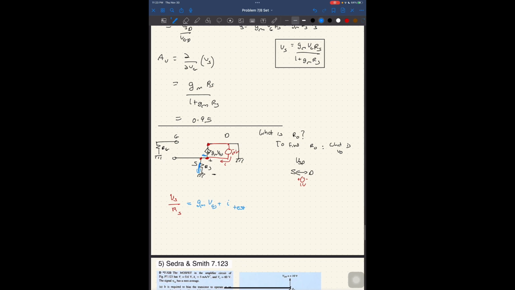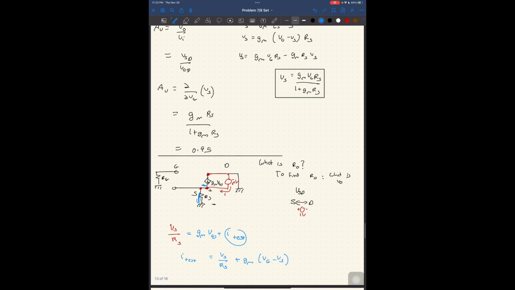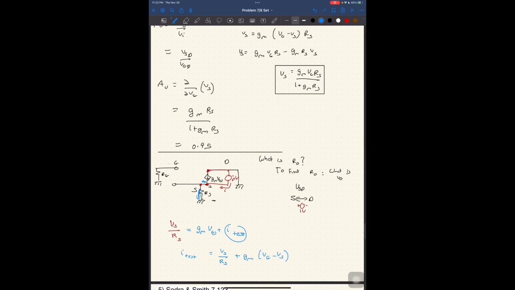Well, I know that Vs over Rs is equal to gm VGS, and I'm trying to isolate for I test, such that I test is equal to Vs over Rs plus gm (VG minus Vs). Is there any current flowing here so far? The answer is no. So I can say that VG equals 0 because there is no current flowing through it.